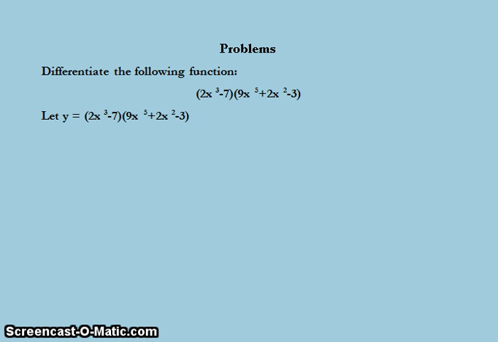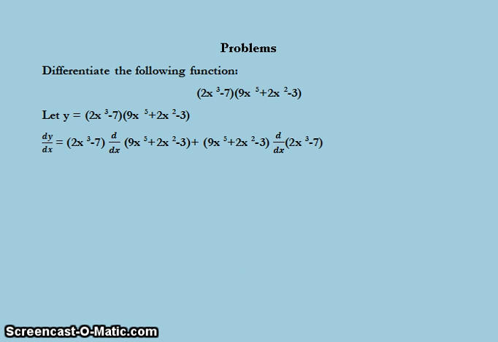Now this function y is to be differentiated with respect to x, and thus we have dy by dx equal to (2x^3 - 7) into differentiation of (9x^5 + 2x^2 - 3) with respect to x plus (9x^5 + 2x^2 - 3) into derivative of (2x^3 - 7) with respect to x. Here we have used the product rule.